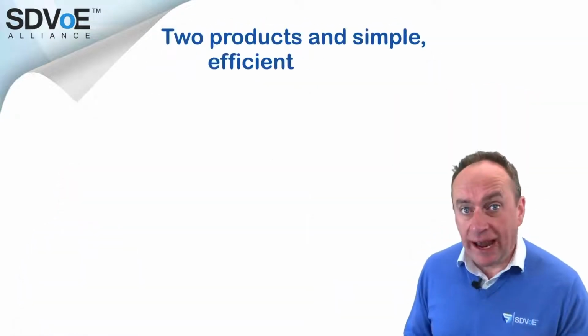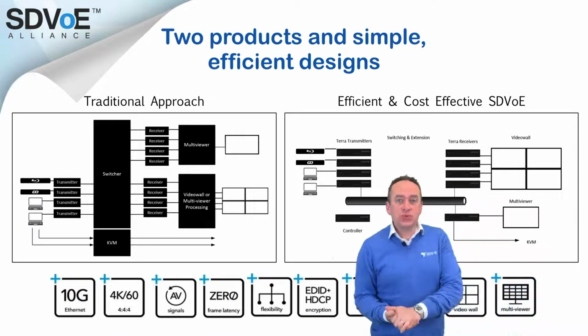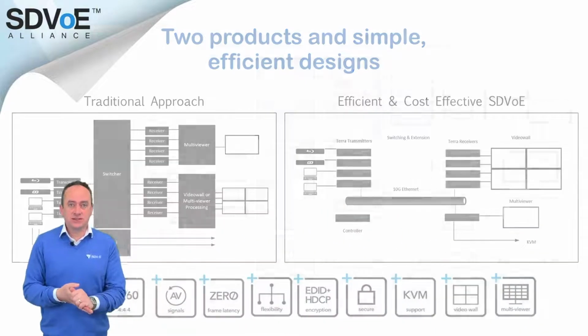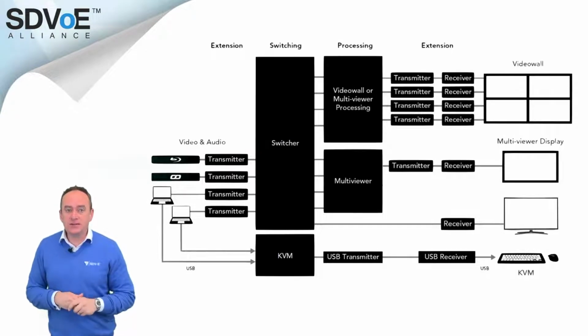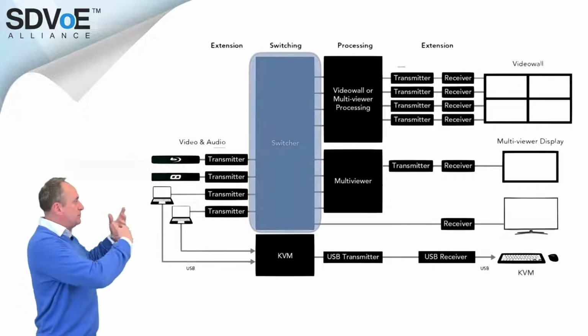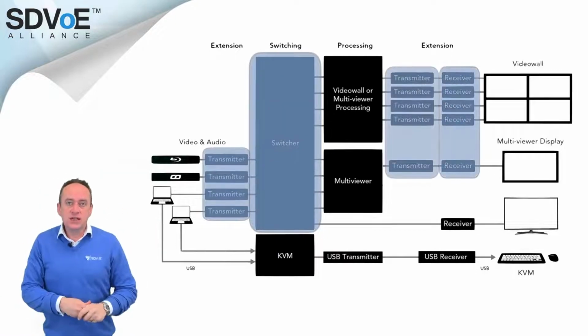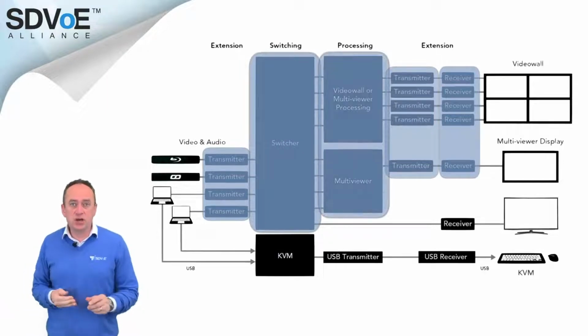So let's take a look at how this is all achieved, because SDVOE changes the way that system design is handled. In the old, traditional world, a system is a very carefully configured mix of hardware. The matrix switch at the centre, surrounded by transmitters and receivers, specialised processors like multiview, video wall scalers and so on.